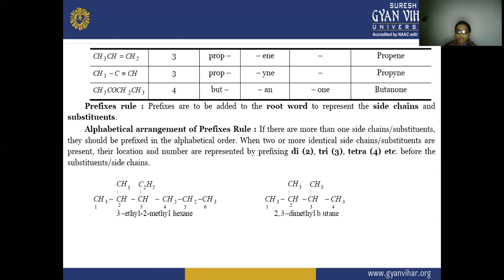So here in the example, you can see CH3, CH, CH, CH2, CH2, CH3, and on the second and the third carbon there are 2 substituents attached, or you can say side chains. Firstly, you have to identify the longest chain by writing the numbers on the carbon atoms. Here it is a 6-membered chain and the root word is hex.